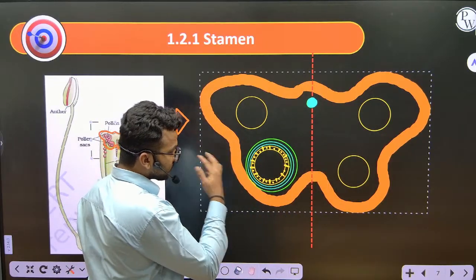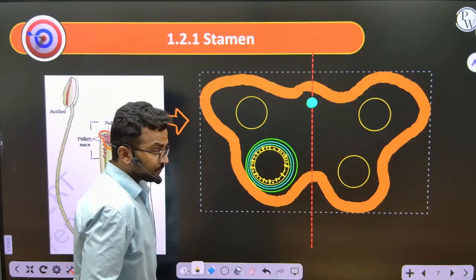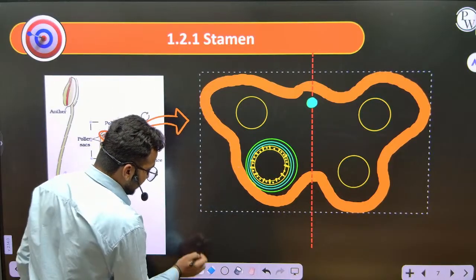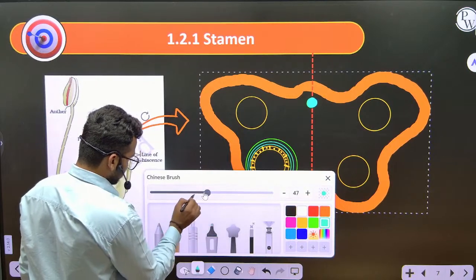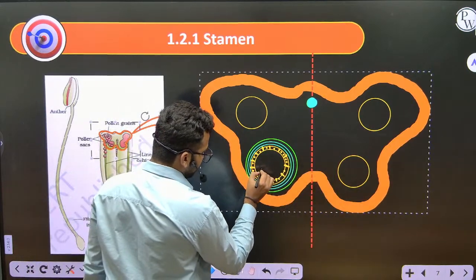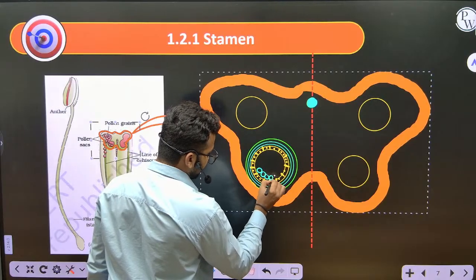And what is present inside this carries all the cells.